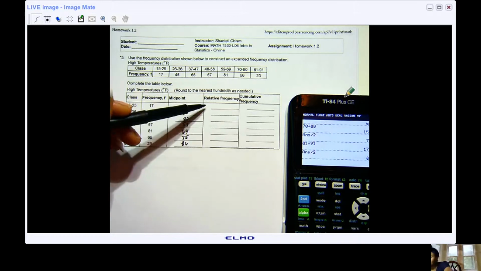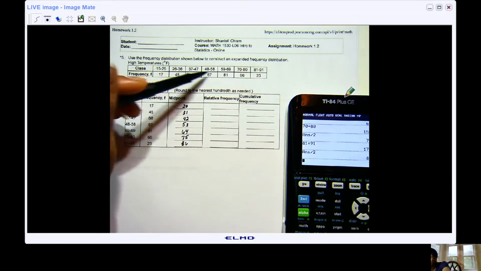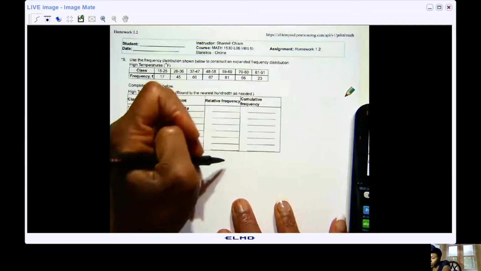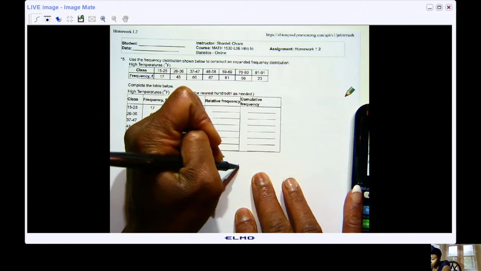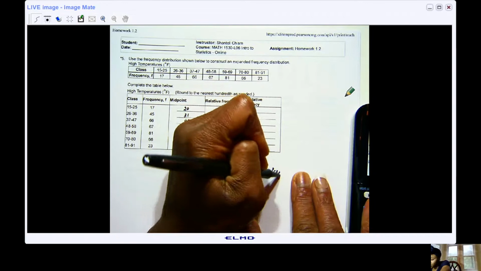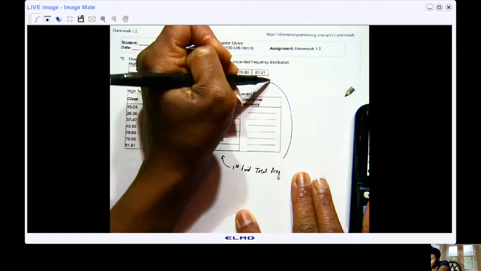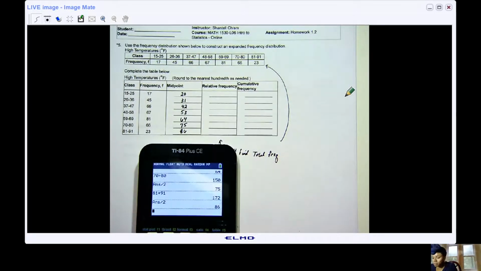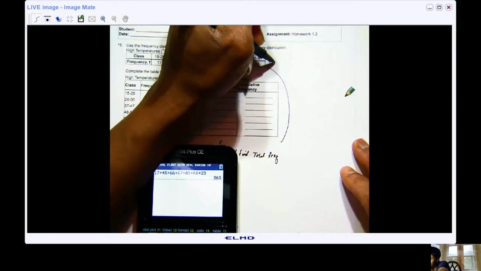To get it, first find the total frequency by adding all the frequencies together. So 17 plus 45 plus 66, 67, 81, 66, 23. We get 365 as our total.